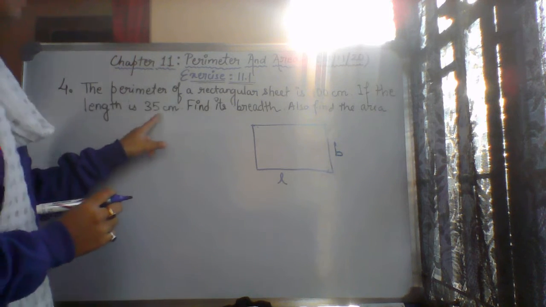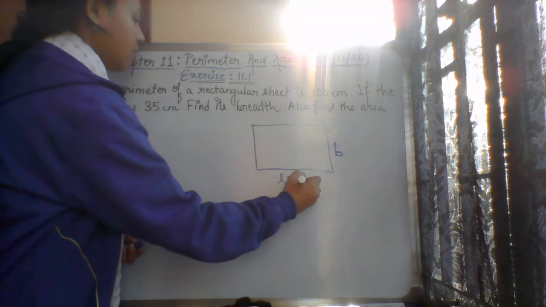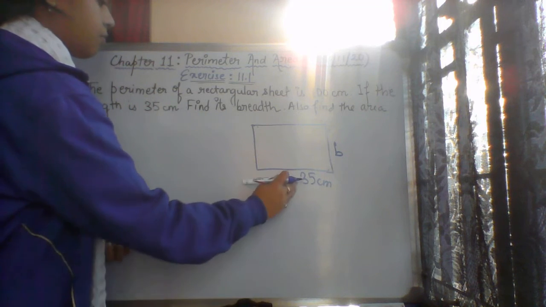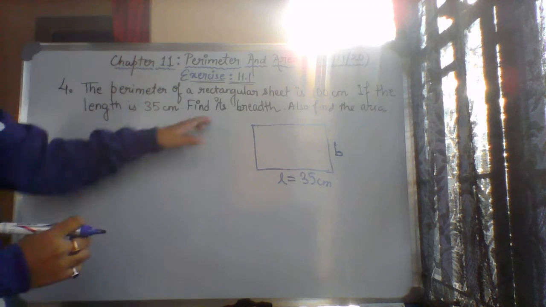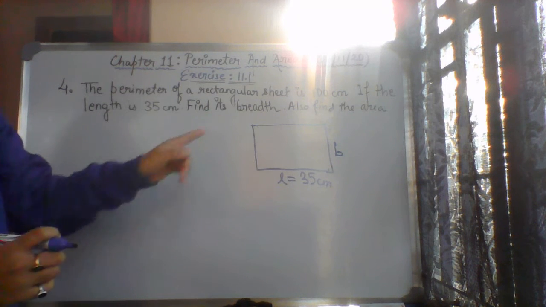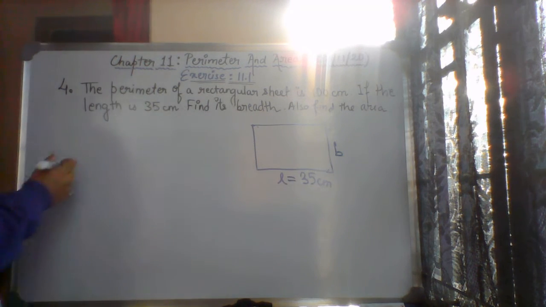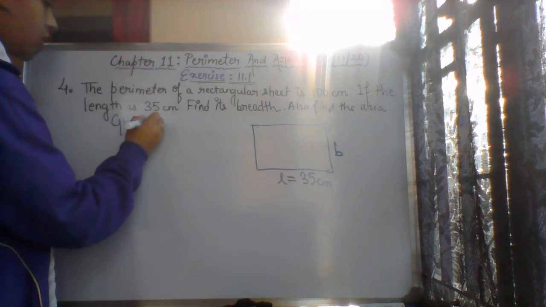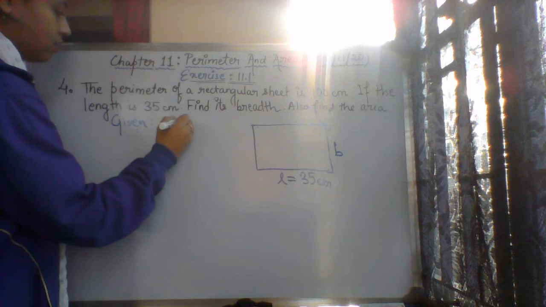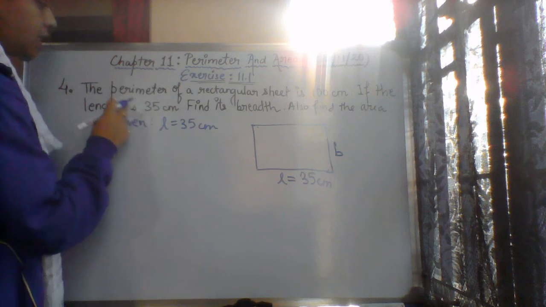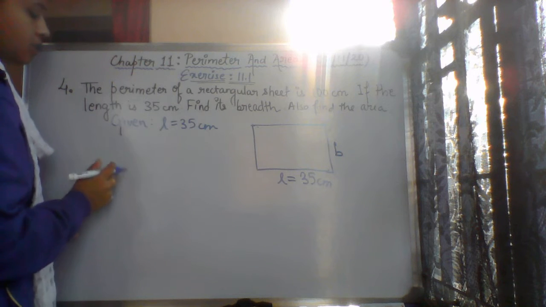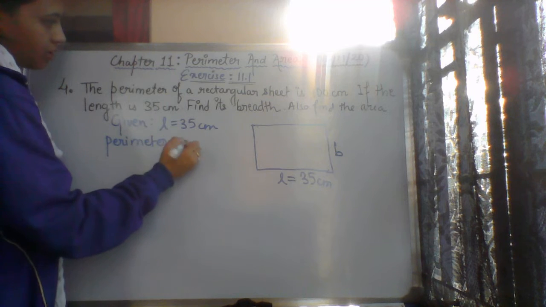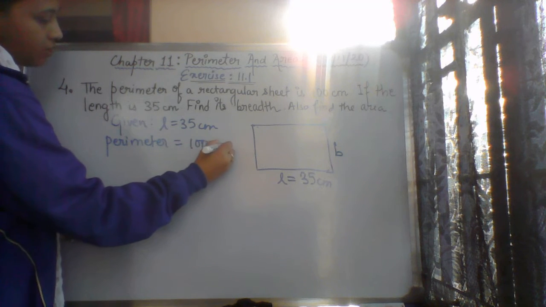If the length is 35 centimeter, find its breadth. Also find the area. As I have told, write down first what is given, and it will proceed automatically. Given, length is 35 centimeter, and the perimeter of the rectangular sheet is given. Perimeter equals 100 centimeter.